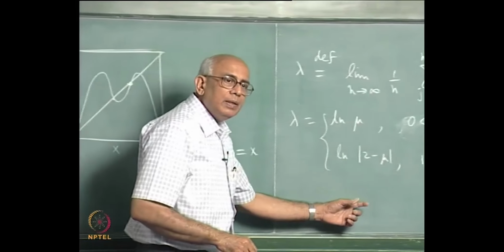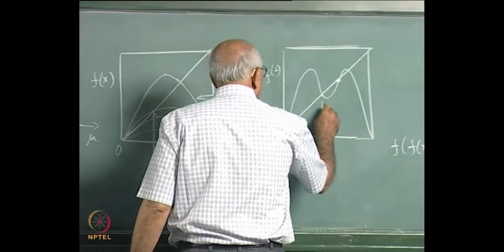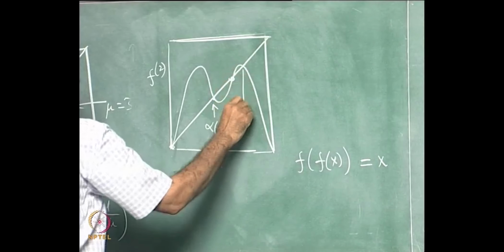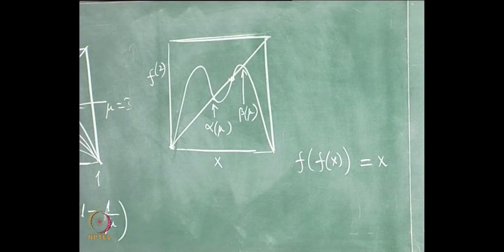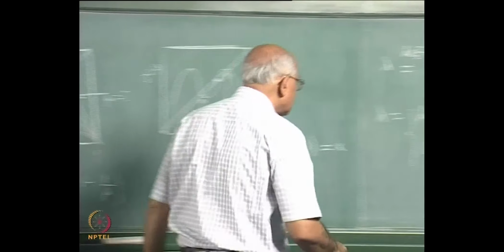What would the lambda be here? Suppose these 2 points, which are some functions of mu, let me call this alpha of mu and this point here beta of mu, the functions of mu of course. What would the Lyapunov exponent be in this region?